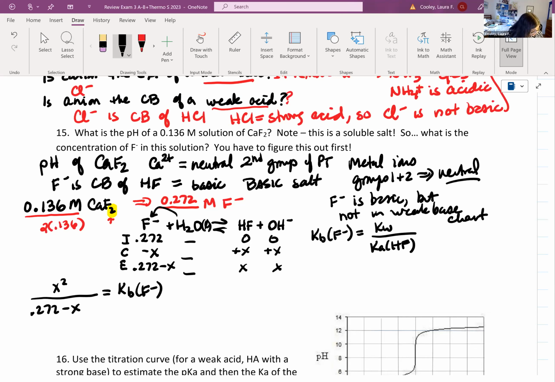If you look up the KA for HF in the chart, it's 6.8 times 10 to the negative 4, and KW is 1.0 times 10 to the negative 14. So that KB of F minus is 1.5 times 10 to the minus 11.